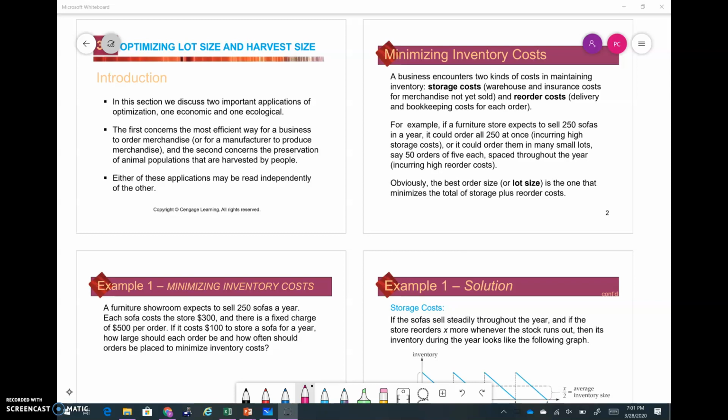So obviously, the best order size or lot size is the one that minimizes the total of storage plus reorder cost. That's what we're going to look to minimize.